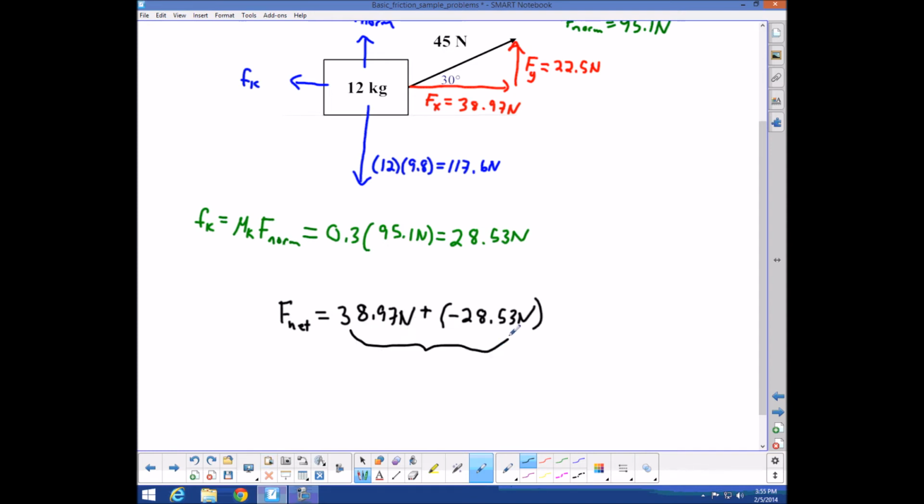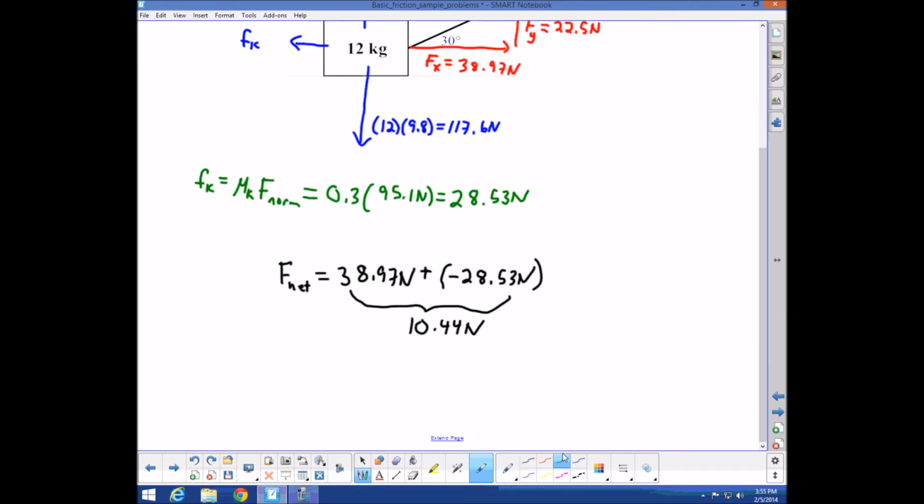And so together, we can see that the net force is going to be 10.44 newtons. Besides the individual forces added together, the net force is also equal to the mass of the object times the acceleration of the object, which is going to be 12 kilograms times the unknown acceleration.